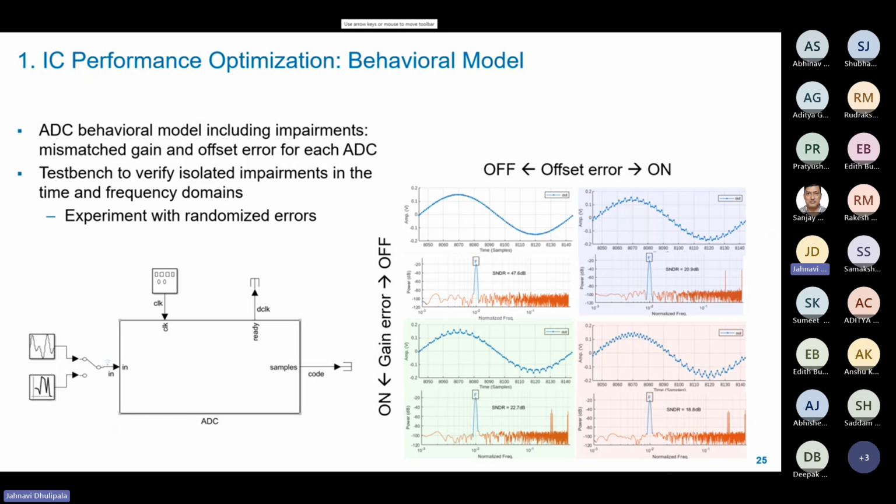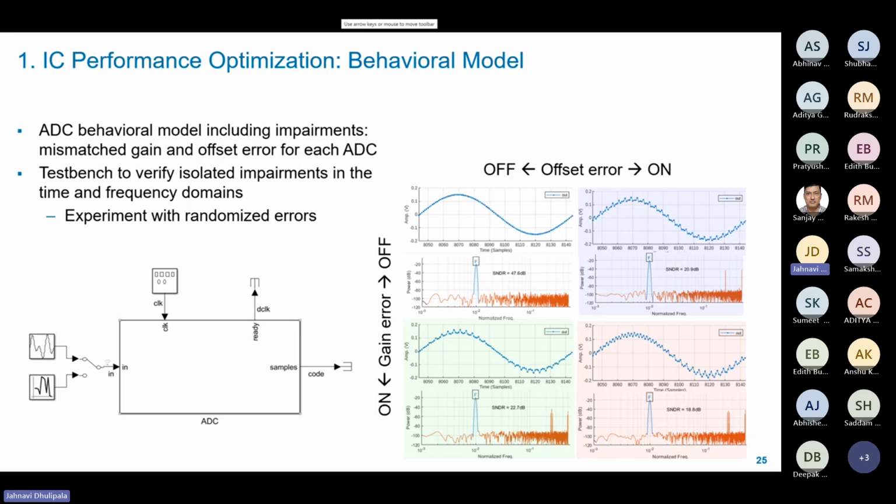Combined, they reduce the SNDR, reducing the ADC to 3-bit performance. In this case you can see that the gain error has a 7.5% deviation and the offset error is 25 millivolts, highlighting their impact on the tolerance levels.